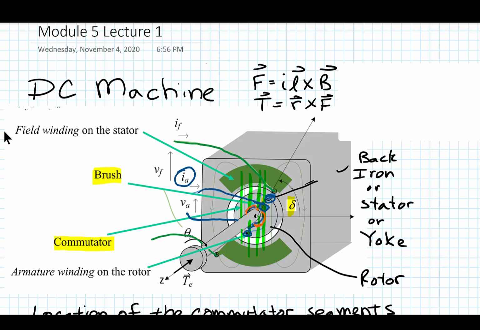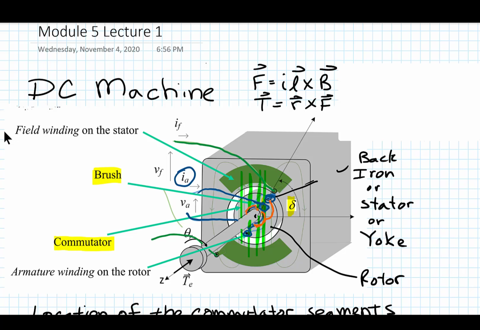What happens is the current flows through the brush, and I'm showing it right on the gap, but it could have been moved just a little bit, let's say counterclockwise, and it's touching this copper piece right here. And the current is flowing through that copper segment of the commutator, and it's connecting up to this winding right here.